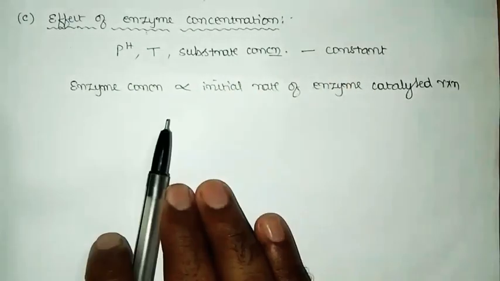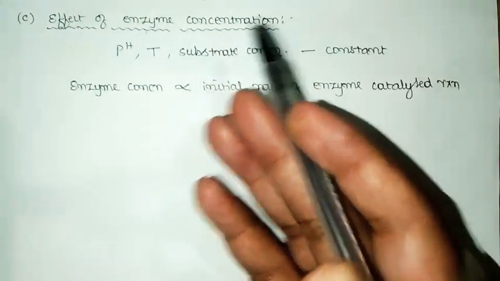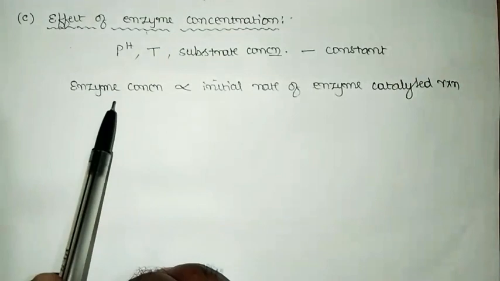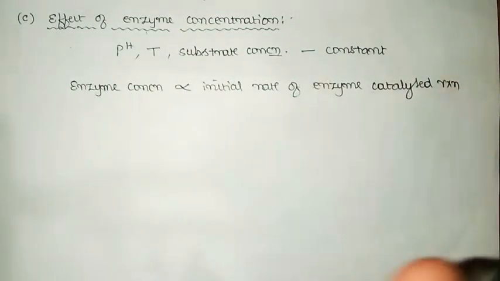Because of all these things, the rate of the enzyme catalyzed reaction will diminish as the reaction proceeds. But when the enzyme concentration is increased, the initial rate will increase.